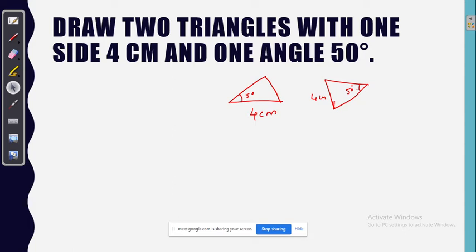Have you finished, children? 2 minutes, ma'am. Okay. Here also my question is, check whether these triangles are congruent.